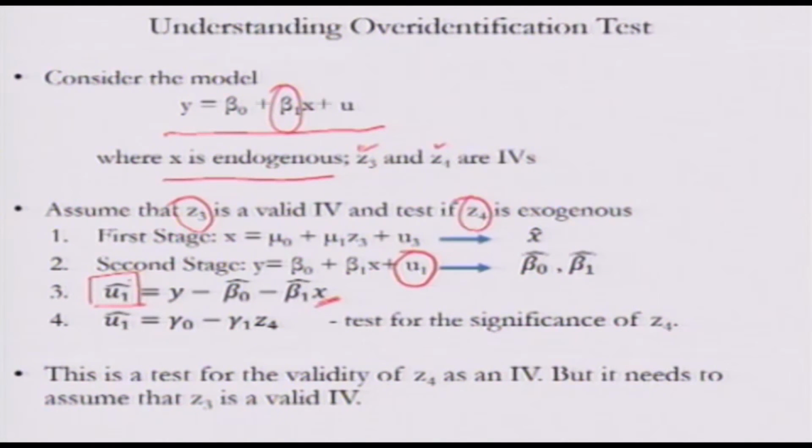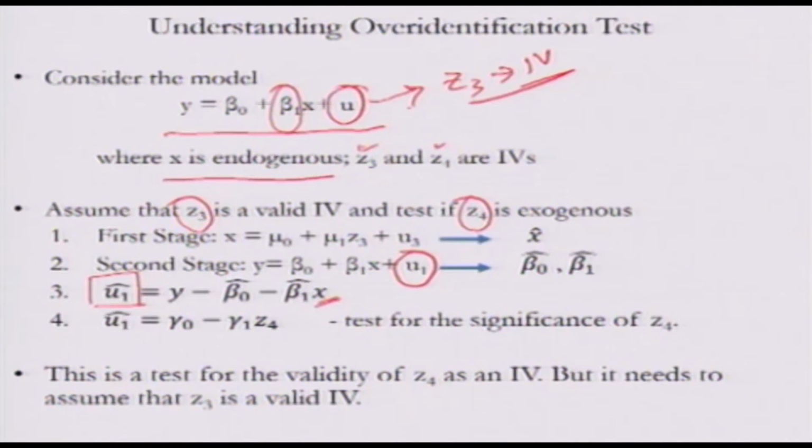Now, once you have U1 hat, which is basically this U hat when you use Z3 as the IV, what is the validity of an IV? Validity of an IV is nothing but whether the IV is correlated with the structural error term.